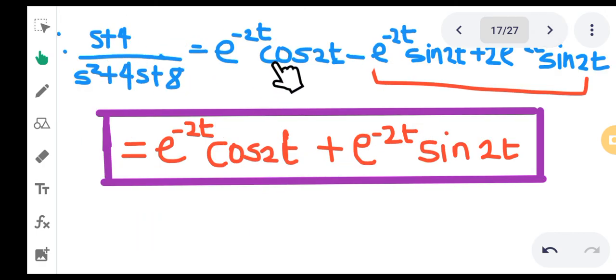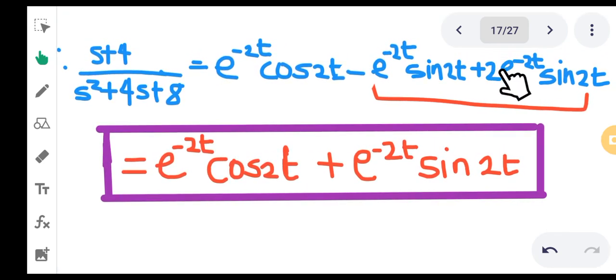When you add them, you are going to get e exponent minus 2t cos 2t, minus e exponent minus 2t sine 2t, plus 2e exponent minus 2t sine 2t. Okay, so you know that the minus is here and the positive 2 is here, and they are the same, so you can add them. So you're going to get e exponent minus 2t sine 2t. Okay, so that's all. Thank you very much.